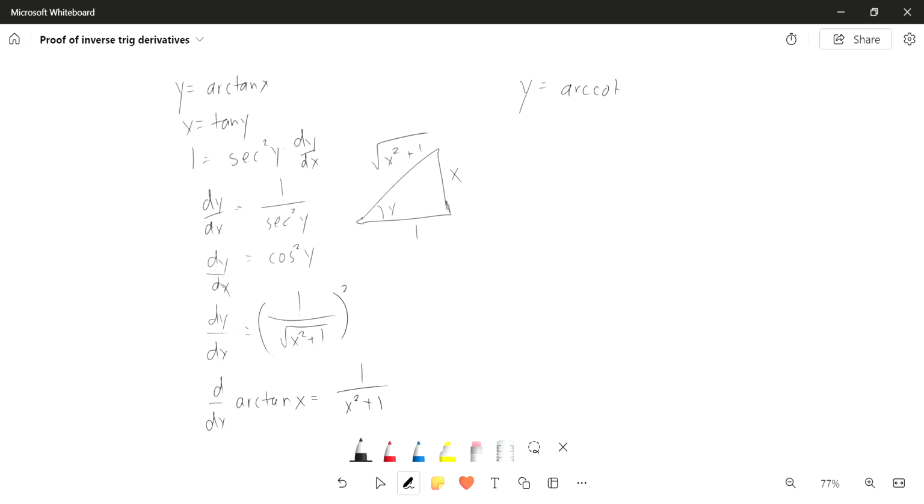So arccot x, or cotangent inverse, has the same logic. So in this case, you have negative cosecant squared as your derivative, and you now divide by negative cosecant squared y, meaning that this simplifies to negative sine squared y.